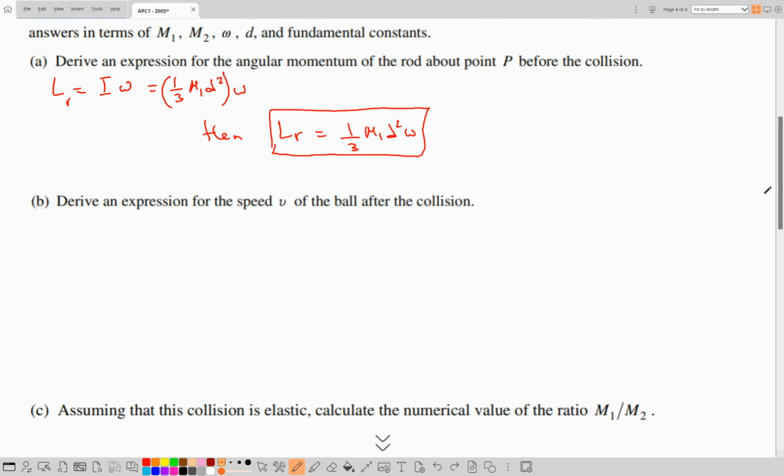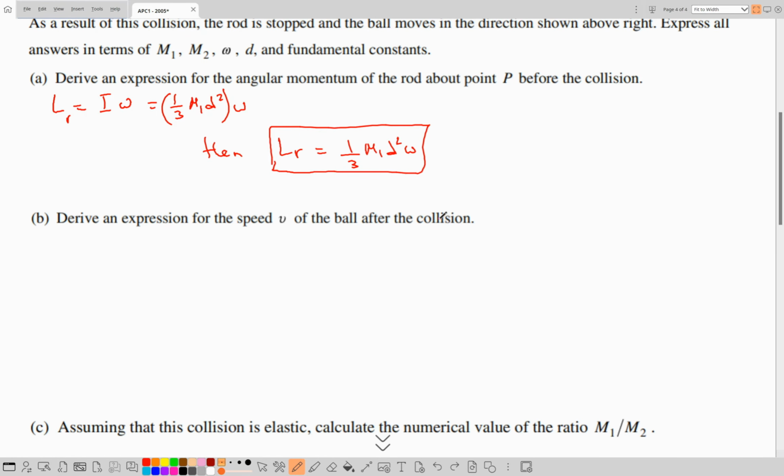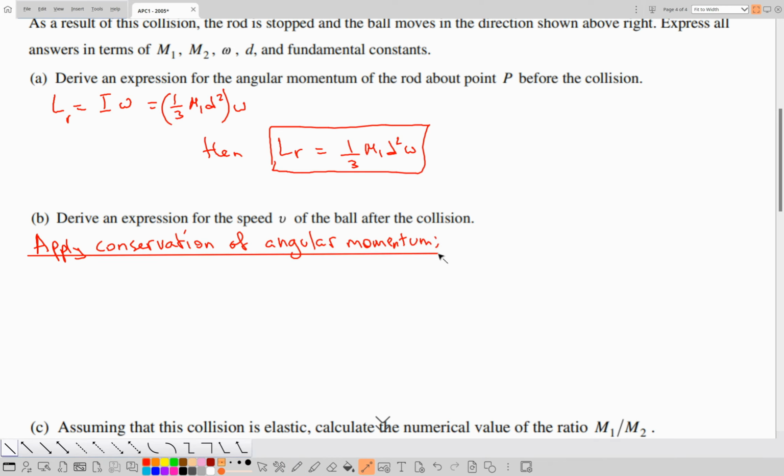Now in part B, derive an expression for the speed v of the ball after the collision. Therefore we need to use the conservation of angular momentum. Apply conservation of angular momentum, which means initial angular momentum should be equal to final angular momentum.